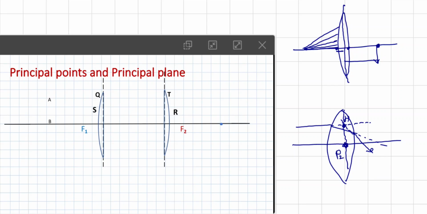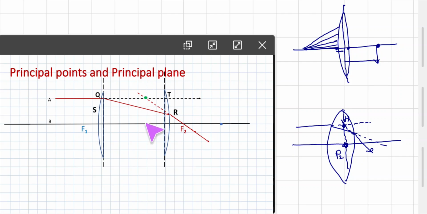Remember that. Same way here, you see the ray is coming parallel. Instead of going straight, it refracts and reaches this point. Later on, refraction again takes place due to the second surface. So instead of going straight, it refracts in this direction, and if we retrace this line back, you get the point.